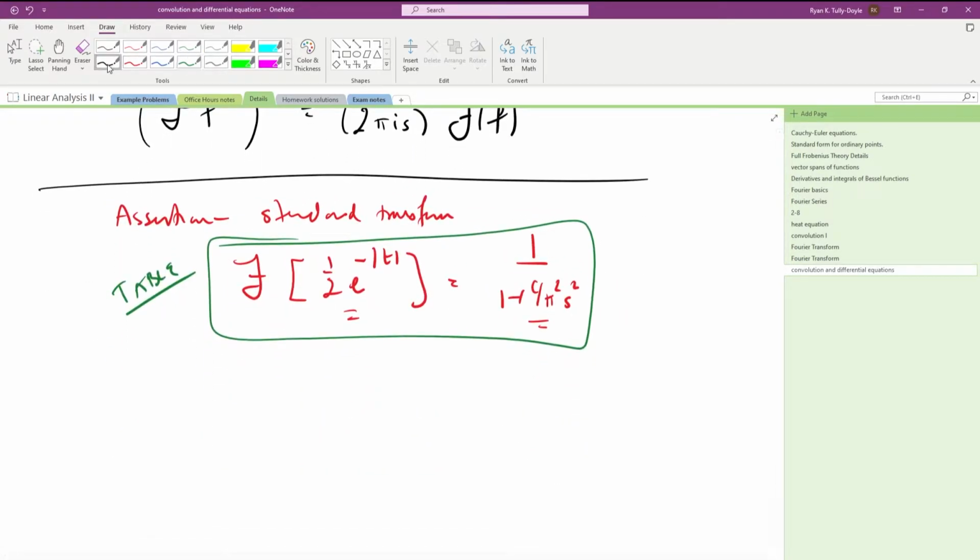Let's store that in the back of our mind, and let's look at applying the Fourier transform to the following differential equation. Suppose I just wrote down u prime prime minus u is equal to minus f, where f of t is just some function.